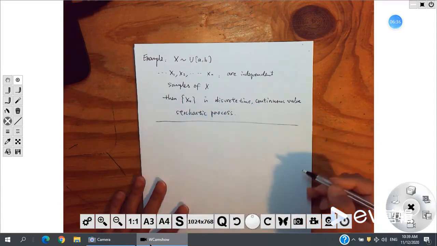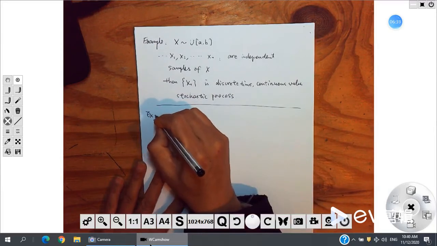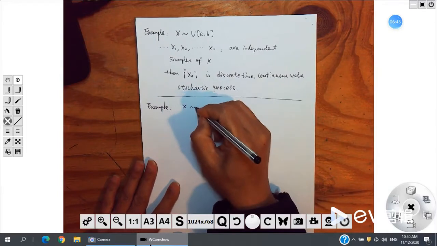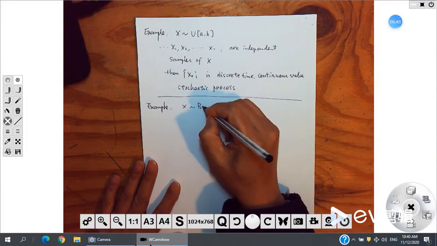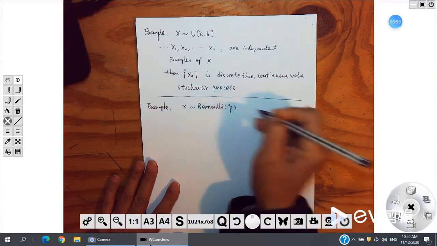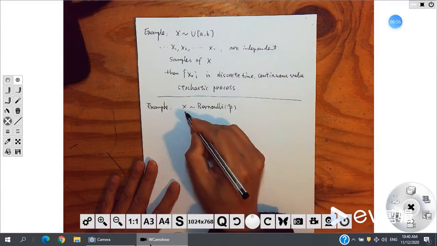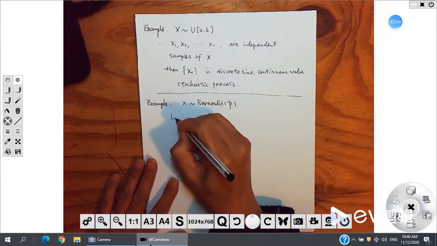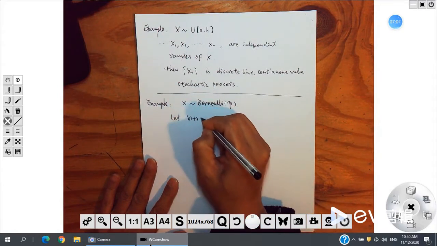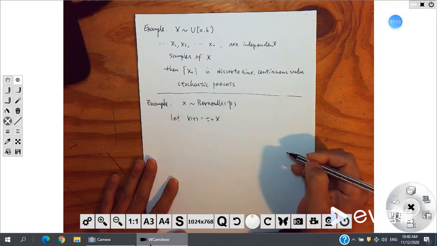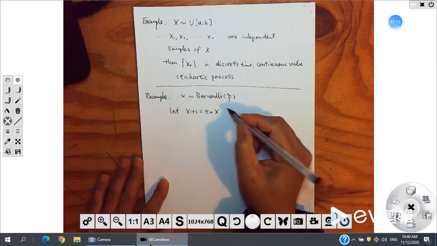And another example. I use x as a Bernoulli with parameter P. This is a discrete value, right? The x could be 0 or 1, only two possible values. And we let x of t equal to t plus x. That means you randomly take x.